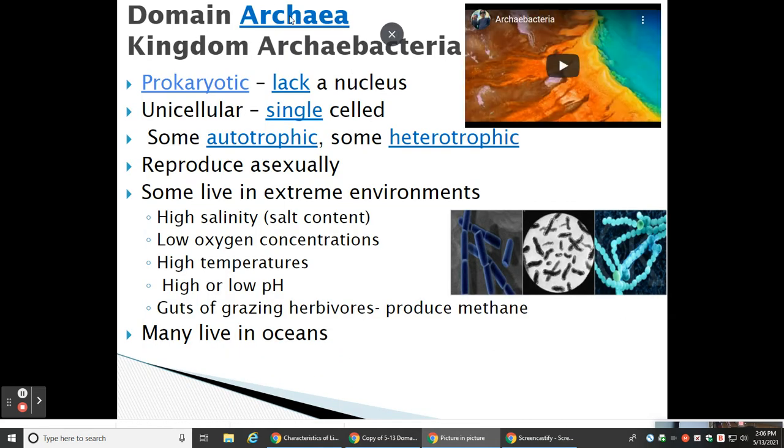So in domain archaea, this is the kingdom Archaeobacteria. These bacteria are prokaryotic cells. They lack a nucleus. They're unicellular, meaning they're single-celled. Some are autotrophic, where they can make their own food, and some are heterotrophic, where they have to eat other organisms to get their energy.